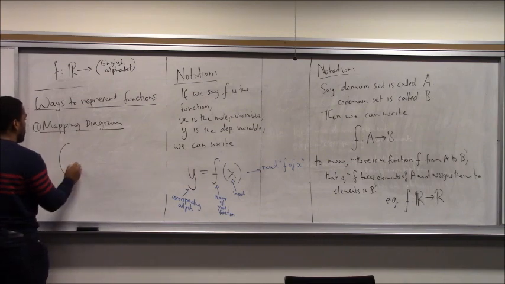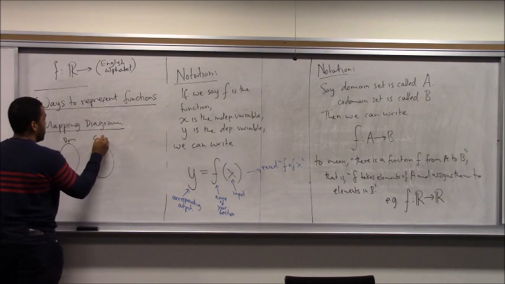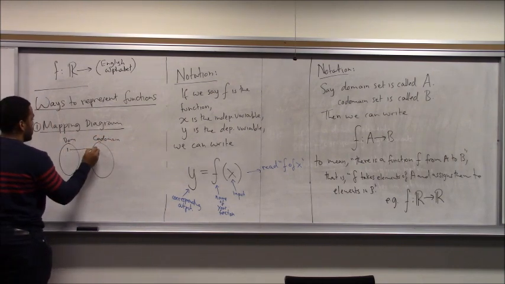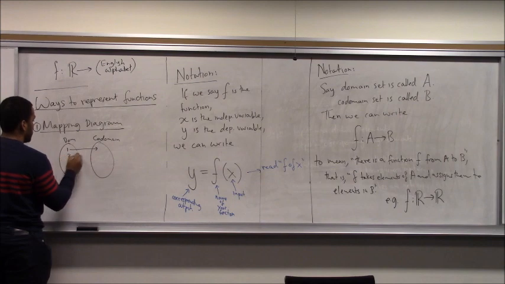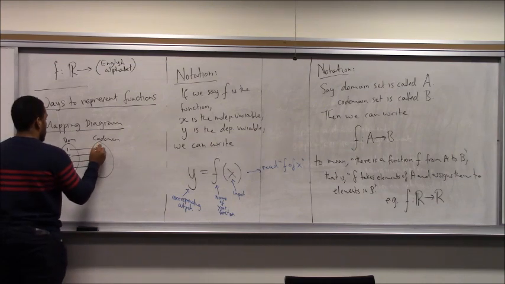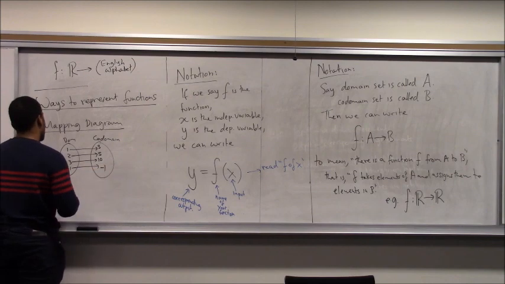So you draw the bubbles for the domain and codomain, and you draw connections. So let's say 1 goes to 3, 2 goes to 5, and so on, to 10, etc.